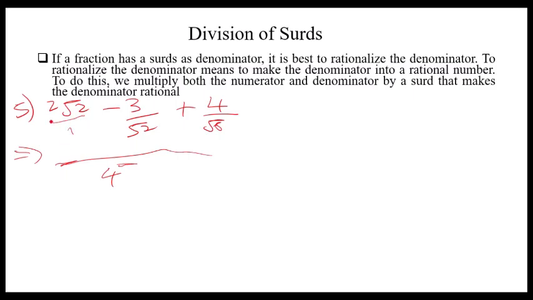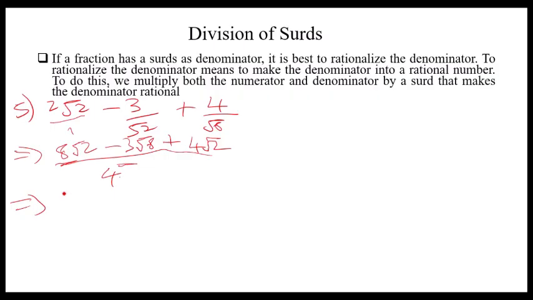And this will give us 8 root 2. Remember, 4 here will give us root 8 minus 3 root 8 plus 4. 4 here will give us root 2 plus 4 root 2.